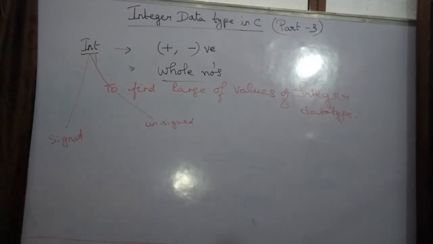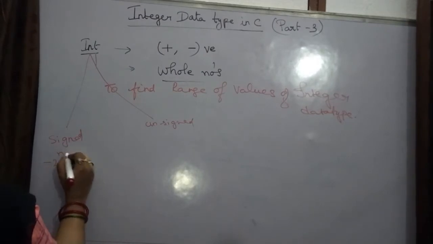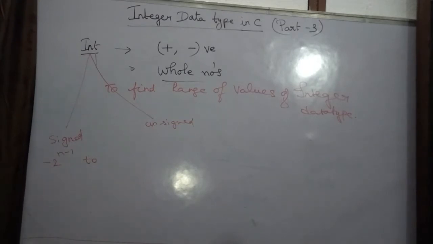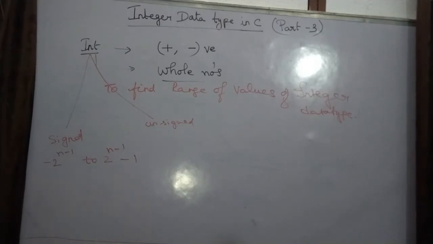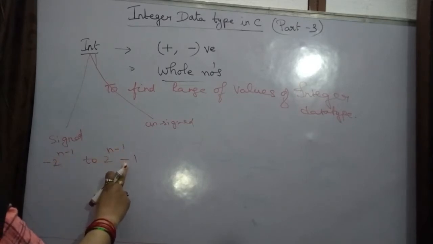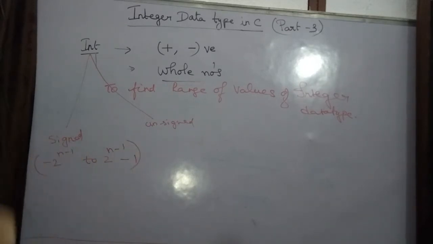For signed you have minus 2 to the power of n minus 1, to 2 to the power of n minus 1, minus 1. This is the formula to find the signed values.